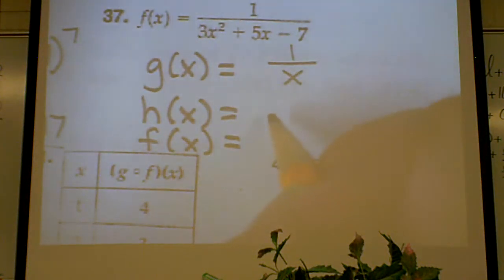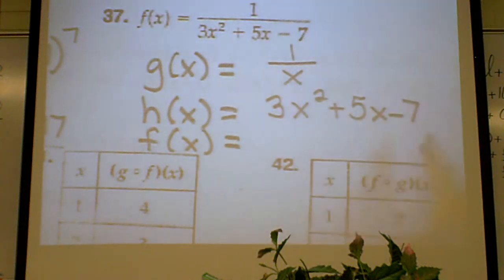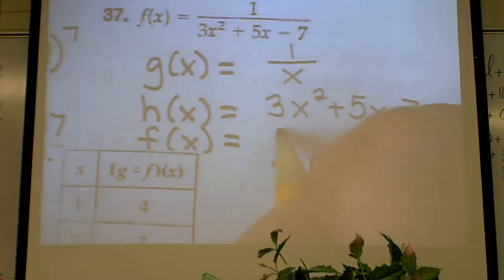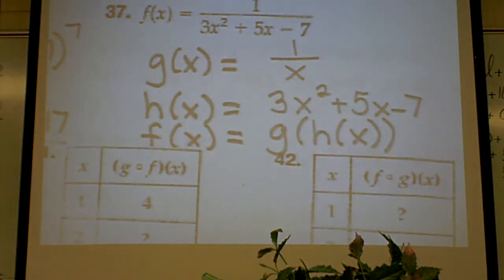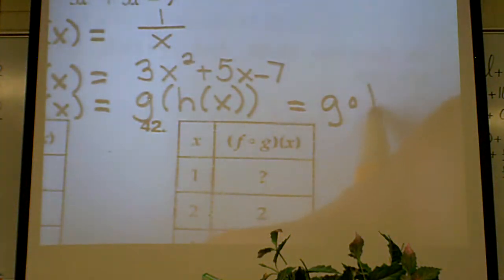What do you want to call h of x? 3x squared plus 5x minus 7. And what do you want to call f of x? g of h of x. Good job. Could I have written it another way? Yeah, they mean the same thing.